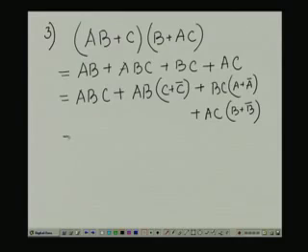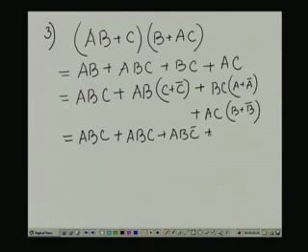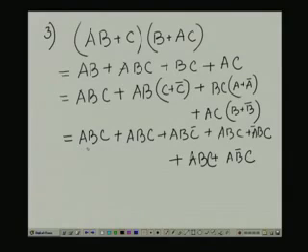So, how it becomes then: ABC plus ABC + ABC bar, plus ABC + A bar BC, plus ABC + AB bar C. Now, see, all the ABC terms become ABC because x + x = x.